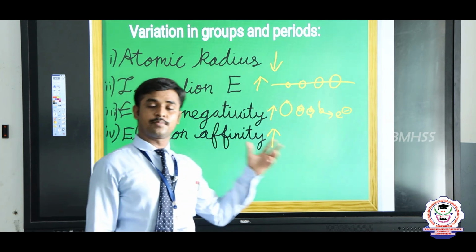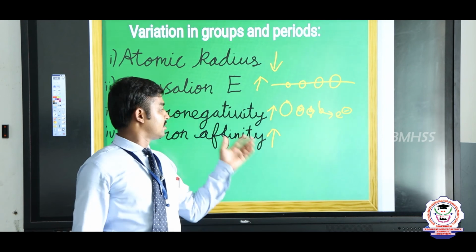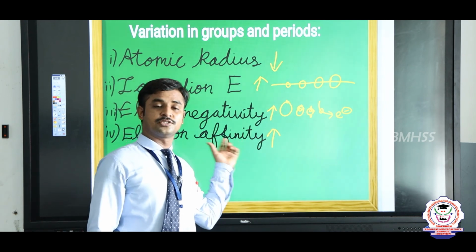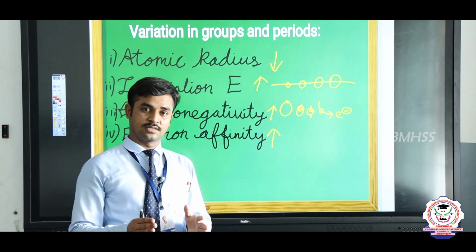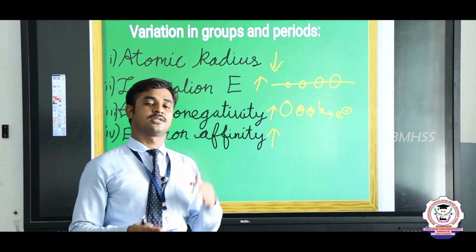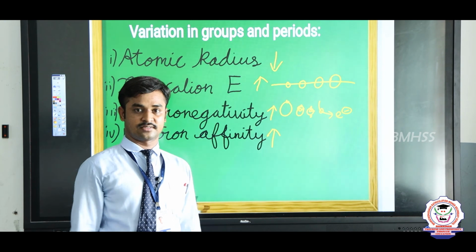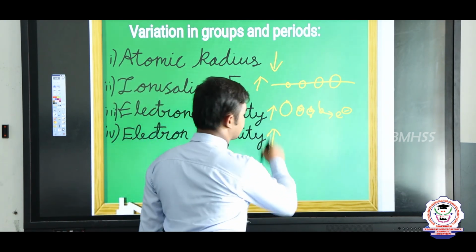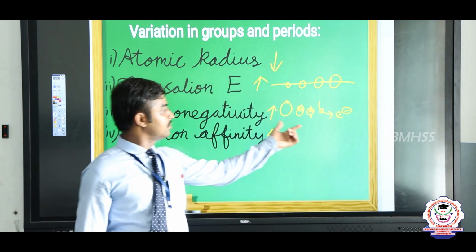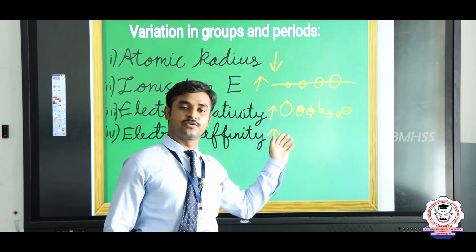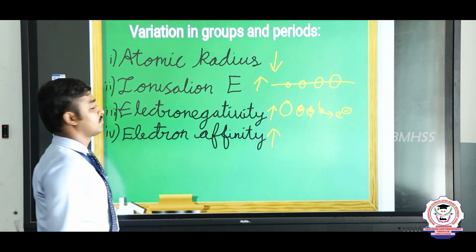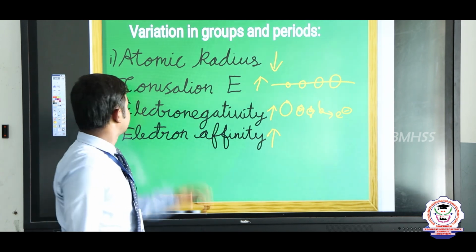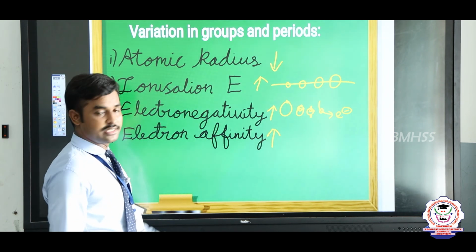When attracting electrons, the element gets a negative charge, and this is due to the electron affinity. This also increases because the attraction is greater when we go left to right across the period. So, these are the variations of these terms in groups and periods.